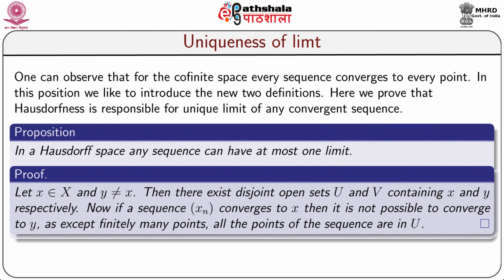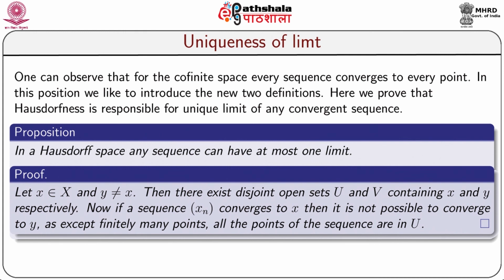So, we get the following proposition: in a Hausdorff space each sequence can have at most one limit. Proof: let x belong to X and y not equal to x. Then there exist disjoint open sets U and V containing x and y respectively.